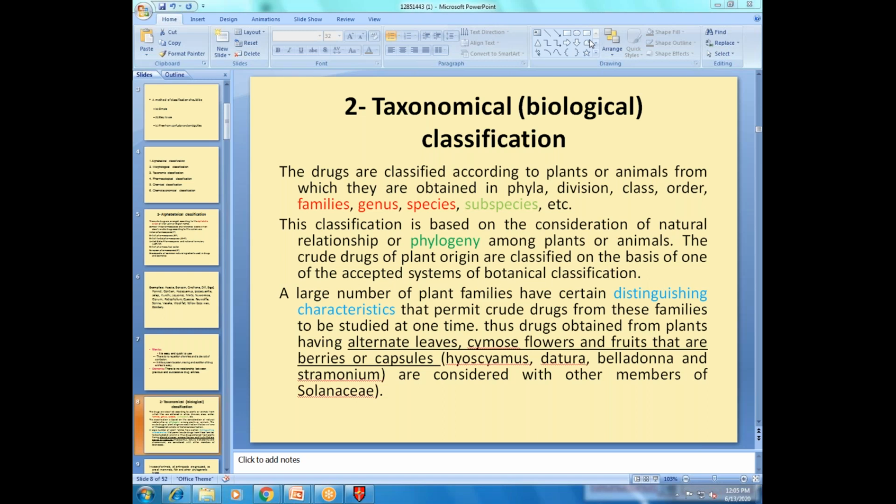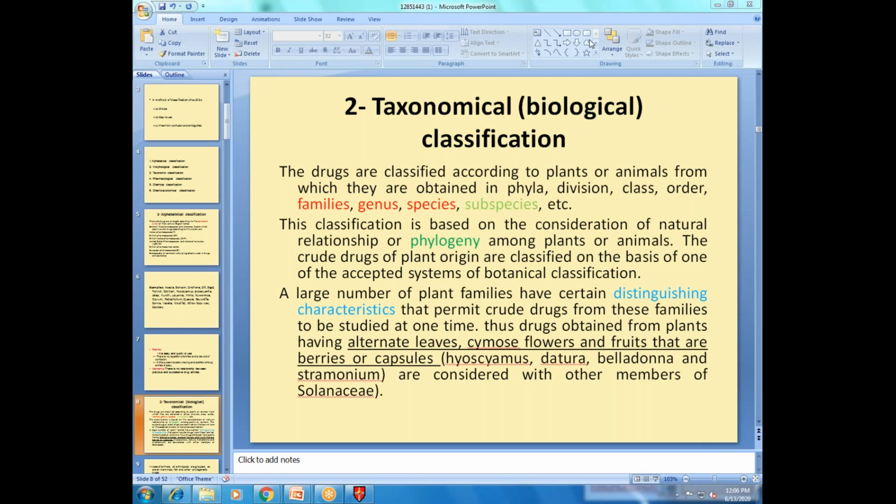Here we are considering taxonomical classification only, not chemotaxonomical. When we go to chemotaxonomical, we correlate the taxonomy, the outer structure, with the chemistry. Here we are just grouping them based on their morphological characteristics.